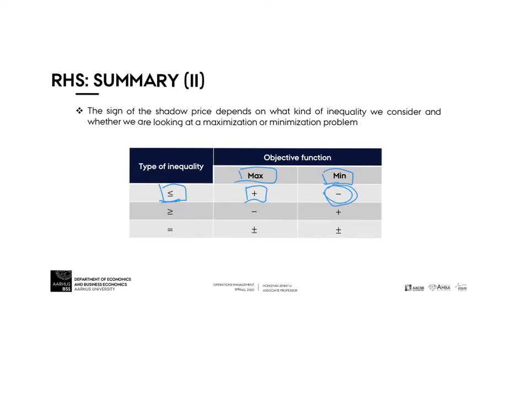On the other hand, if your problem has greater than or equal constraints, and your objective is to minimize cost or something, then if you relax your constraint, or invest in your constraints, you should also increase the right-hand side of your constraints.